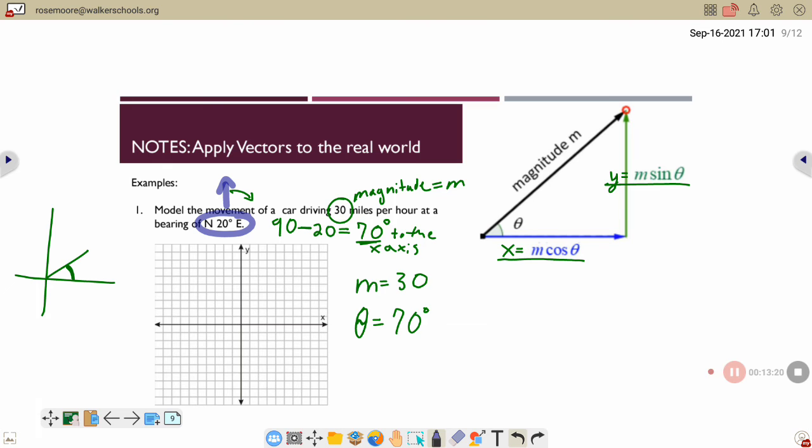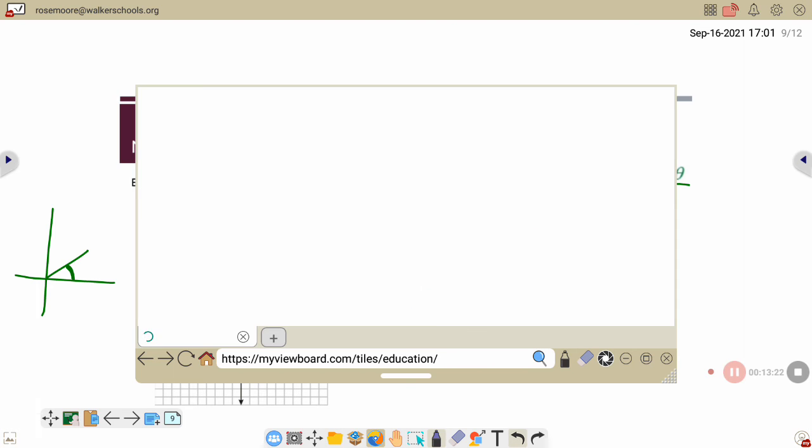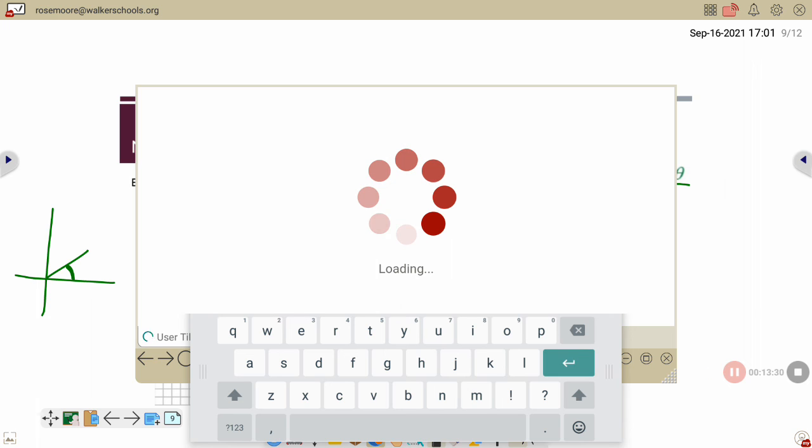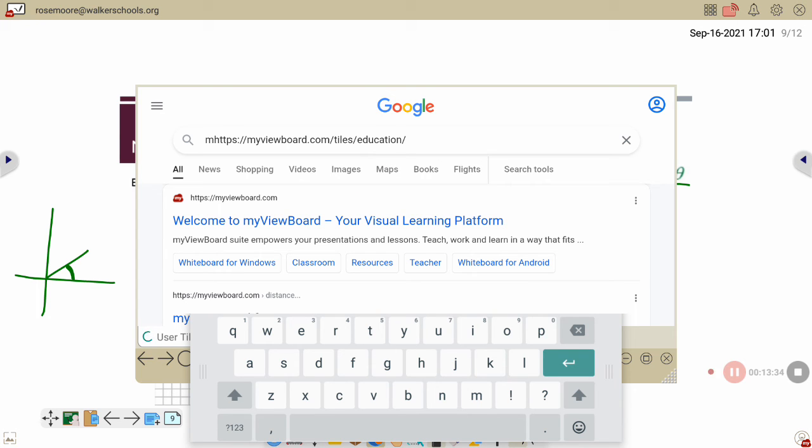So let me pull up Desmos real fast, I forgot to grab it. Desmos.com. That is not what I typed.